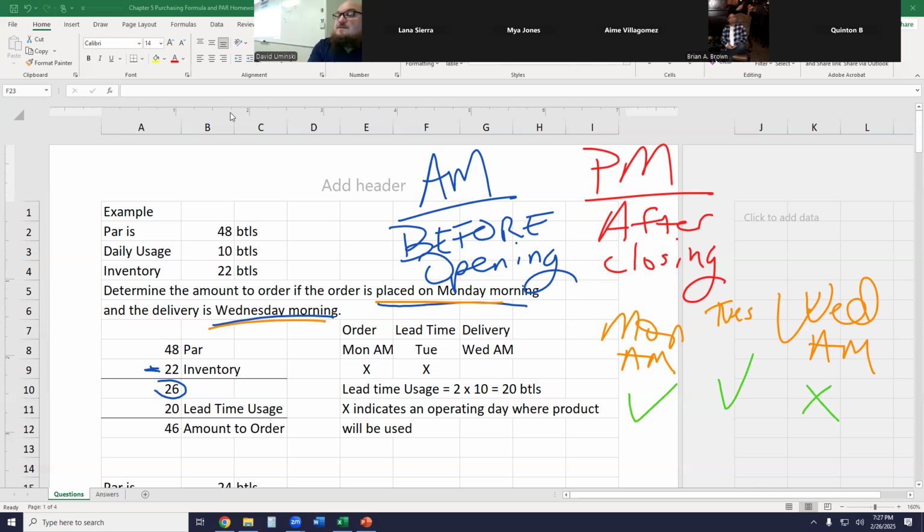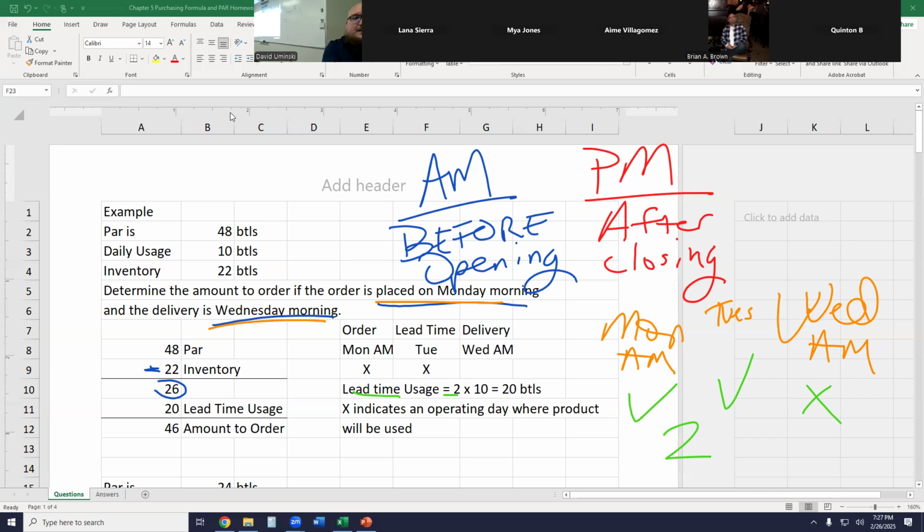No, I'm not. Because remember, that truck's going to pull up, drop off, and then I'm going to open for the day, which means it's already been delivered. I'm going to use that product on Wednesday from the new delivery, okay? So how many check marks do I have? 2 check marks. So my lead time is 2 days.